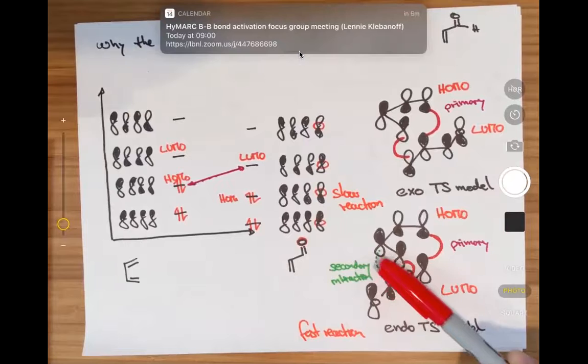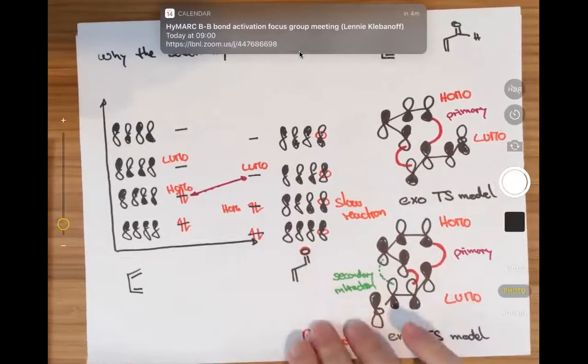But since the orbital overlap matches perfectly, you get stabilization out of this, and that lowers the energy of the transition state. So let's do a practice where we try to figure out all these effects coming together. So the electron donating and electron withdrawing groups, and the endo and exo transition states, how they affect the product distribution. So let's pick a simple example here.